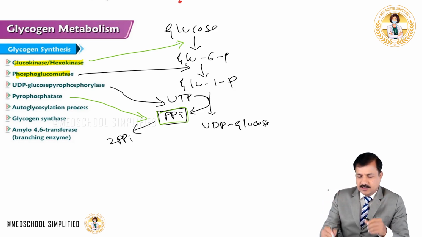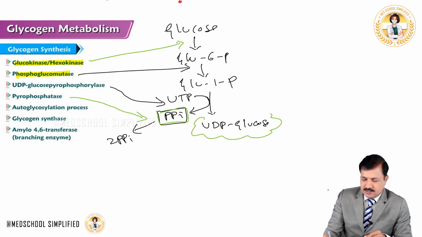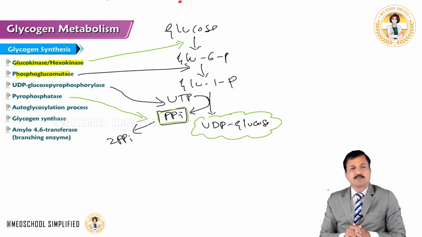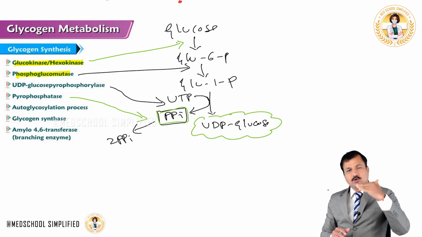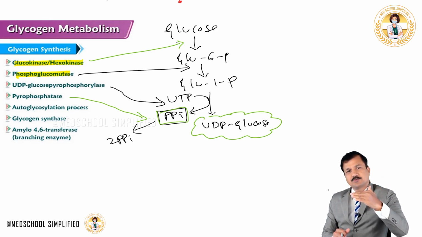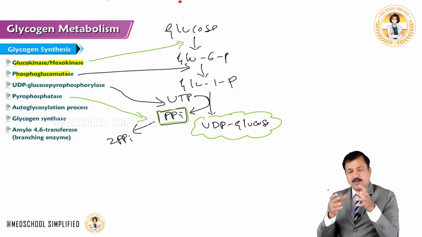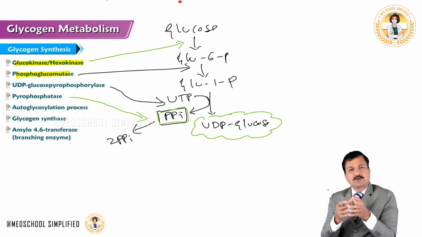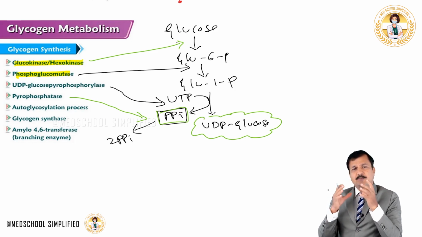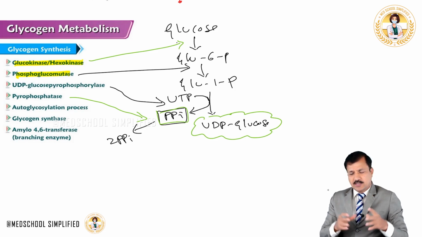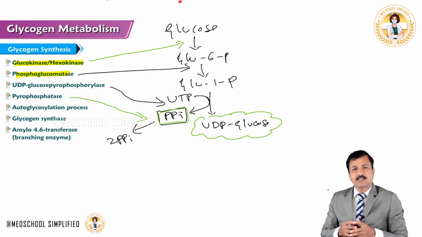To make glycogen, UDP-glucose is necessary, and that is now prepared. So glucose is converted to glucose-6-phosphate, then to glucose-1-phosphate, and then to UDP-glucose by using UTP. Now the energy is there in the system.